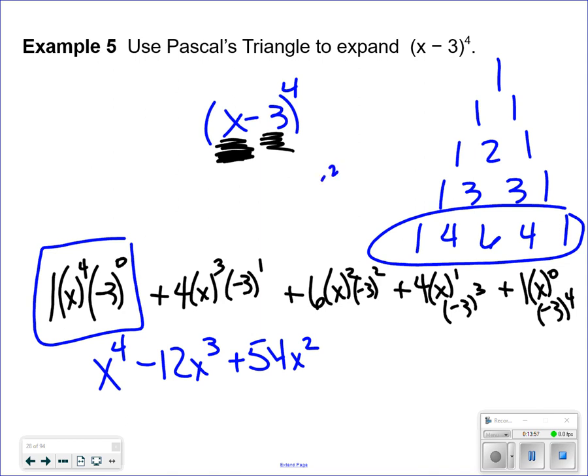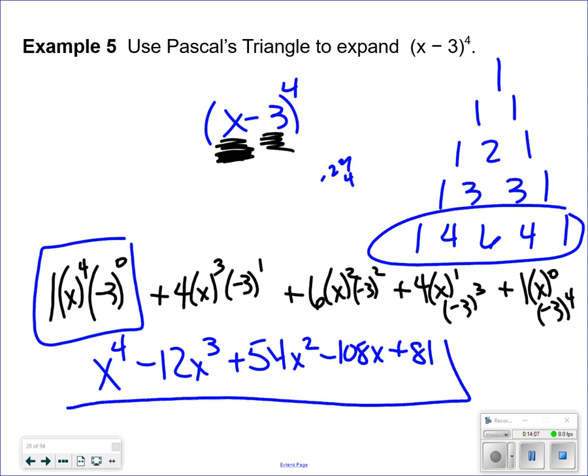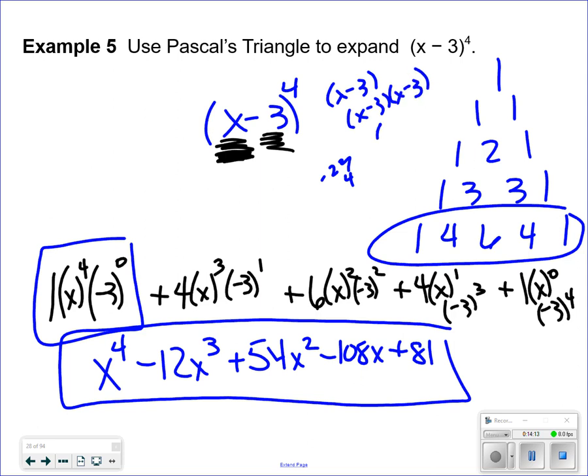Negative 27 times 4, doing that in my head here, negative 108x. And the last one, negative 3 to the fourth, is positive 81. And that is (x − 3) times (x − 3) times (x − 3) times (x − 3). So instead of foiling and foiling and foiling and foiling, I can use Pascal's triangle to get the answer.